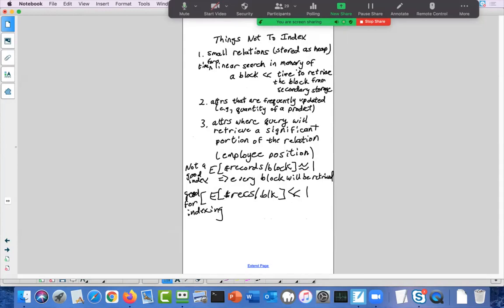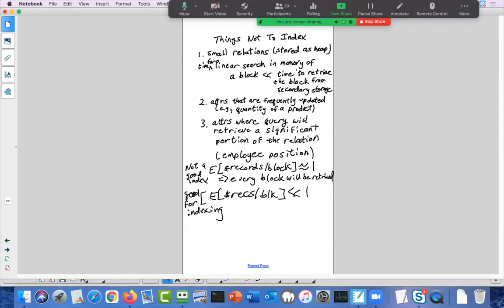Exactly. You got it. In fact, it basically doubles the cost of the query, because you're going to go through the entire index, and then you'll probably go through the entire file as well. So it'll actually be worse in that case. Yes. So your reasoning was exactly right on.